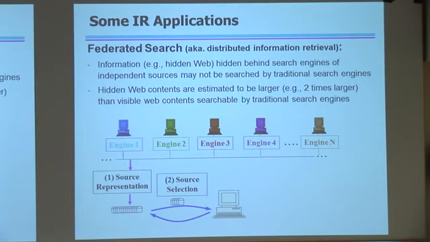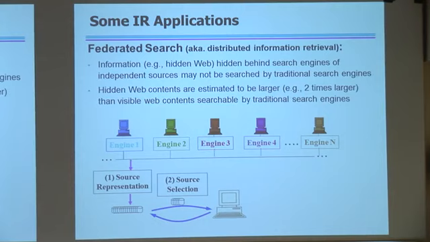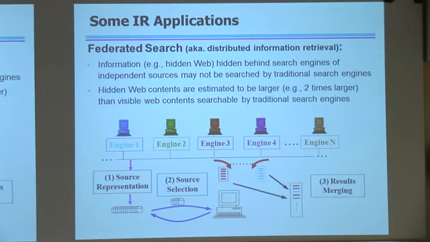Because in a lot of real-world applications, for example, we are building a system for the Purdue library, which accesses 400 digital libraries, we cannot afford to send the user query to all of these digital libraries. We can only afford to search some of the most relevant ones for each user query. This step is called resource selection. After that, we get the results returned from the selected sources and merge them into a final list.